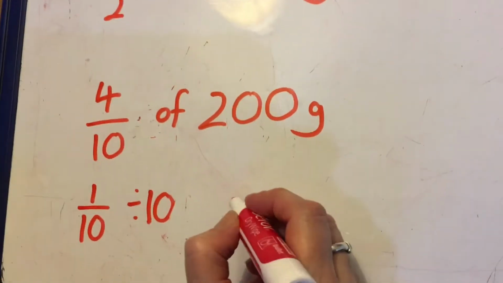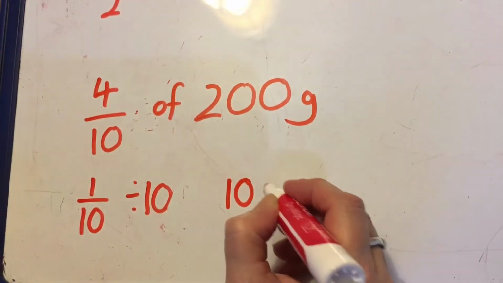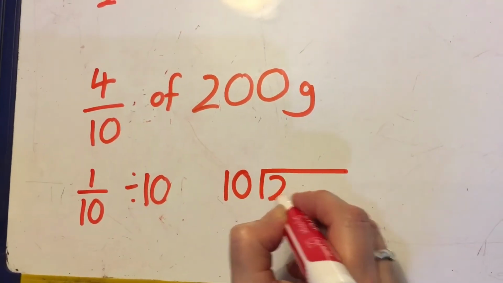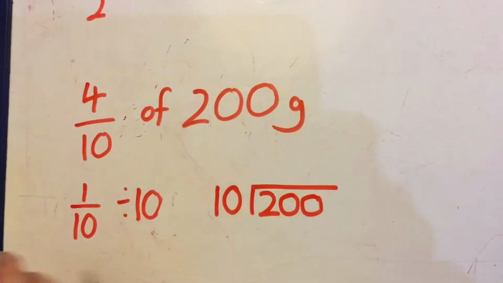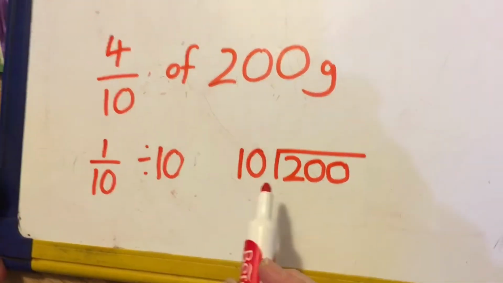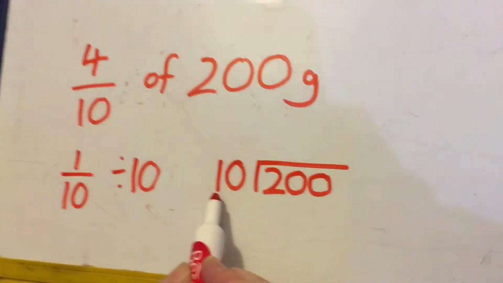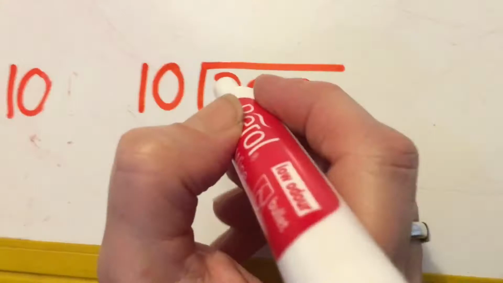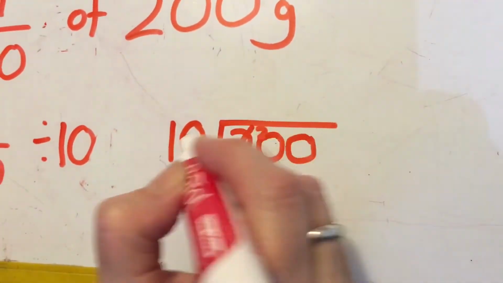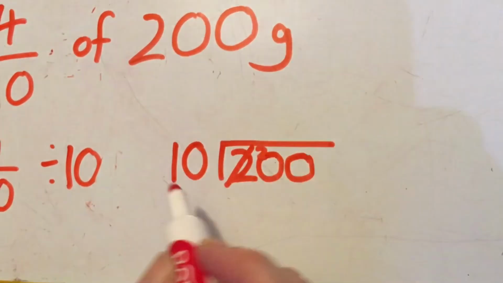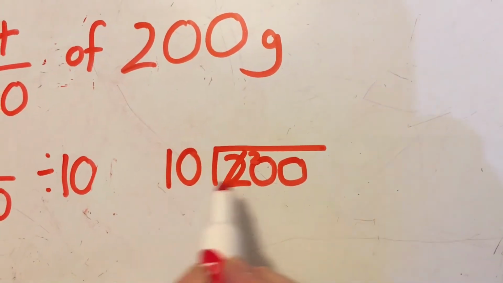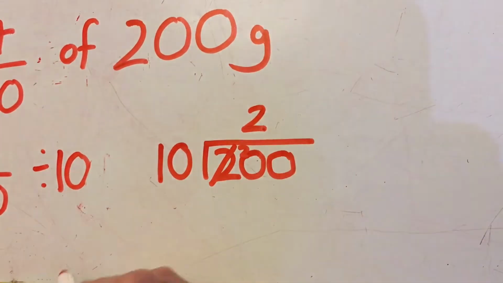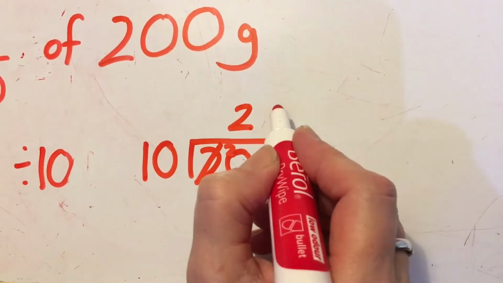So I'm going to do, how many times does 10 go into 200? I know that some of you will just be able to do this in your head, but just in case you can't. 10 into 2, well, that doesn't go. Can put a 0 there if you want to. I'm not going to bother. 10 into 20 goes twice. 10 into 0 doesn't go.